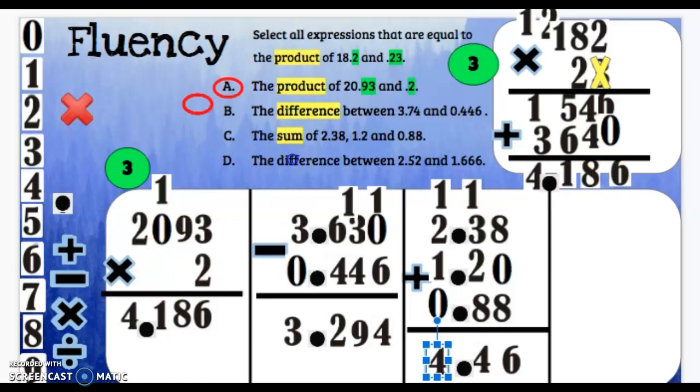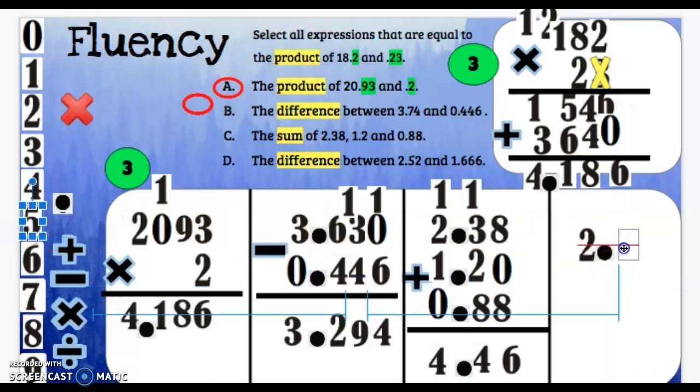And then the last one says, find the difference between 2 and 52 hundredths and 1 and 666 thousandths. So I have the word difference. That's my key word. I know difference means we're subtracting. And when I subtract, I line up my digits and I line up my decimal point. So I have 2.52.